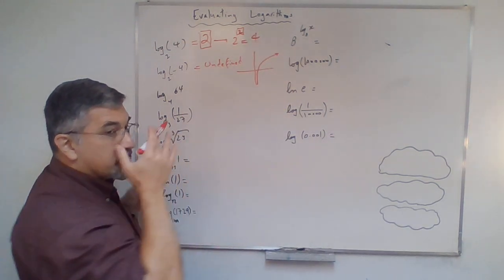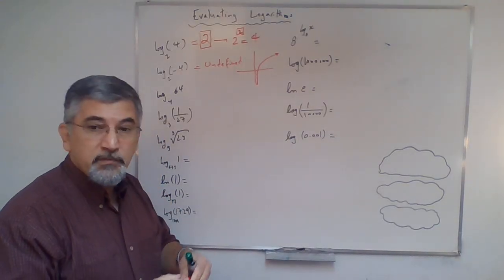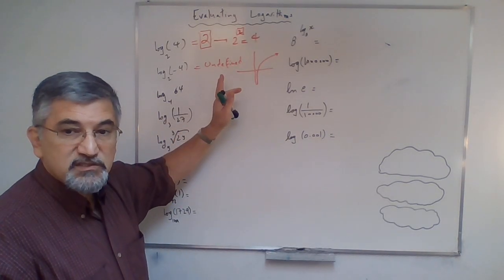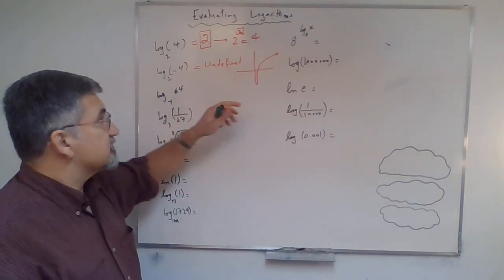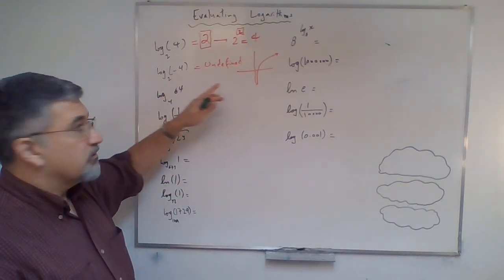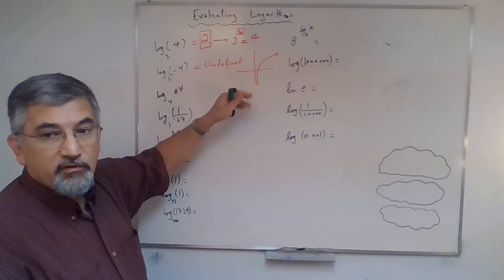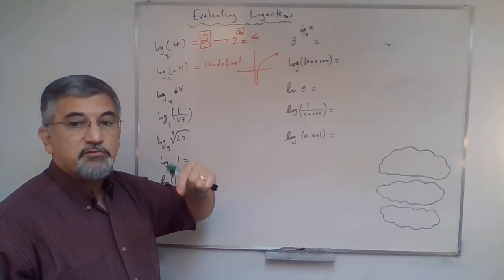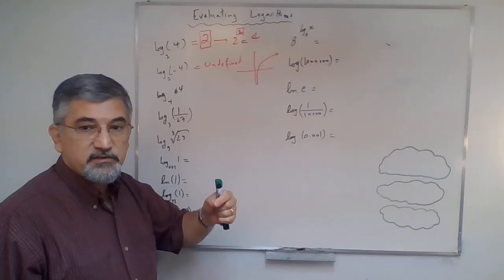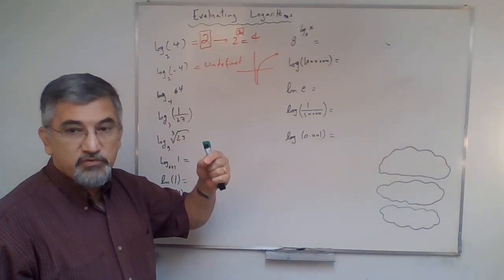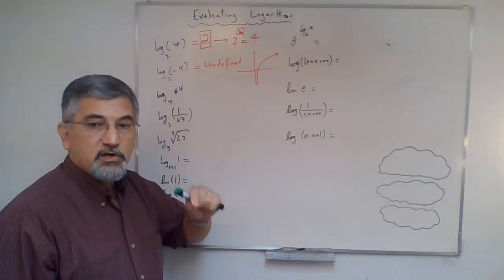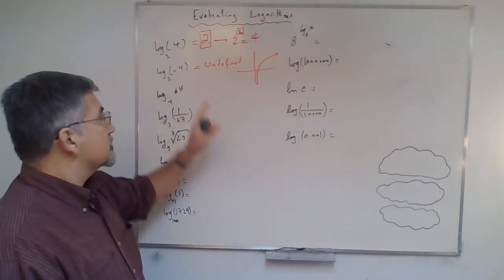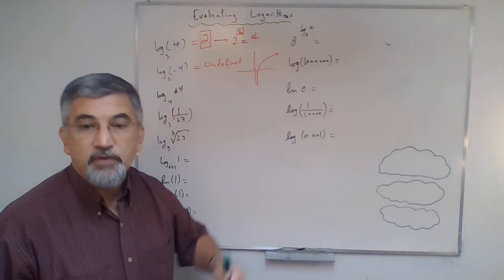It was always on the right hand side of the y-axis, so we didn't have any part of the graph on the left hand side of the y-axis, let alone passing through negative 4. So logarithm of negative numbers and logarithm of 0 is always undefined, something you may want to remember. Only logarithm of positive numbers is defined, period. So for this, there is no answer.